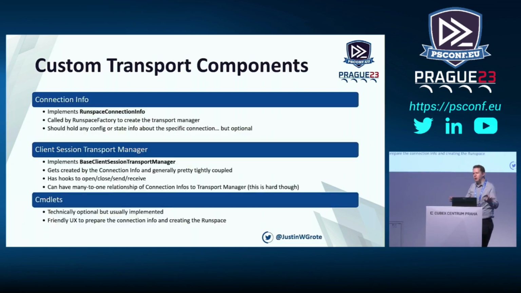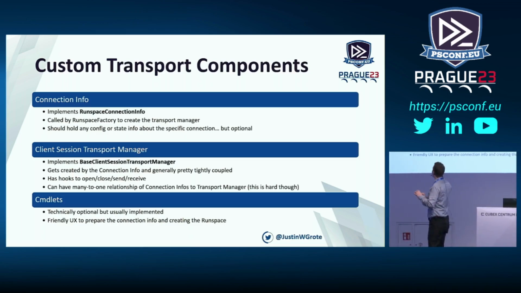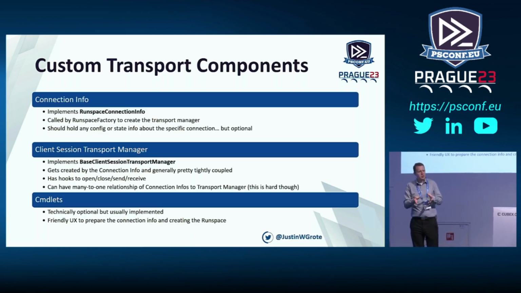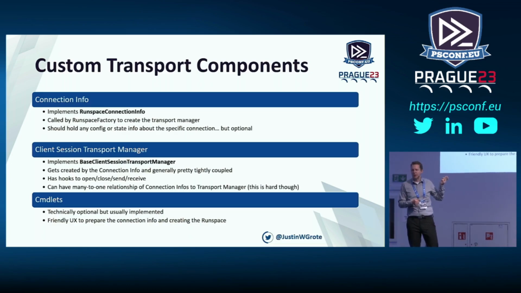All right, so when you are implementing this, there are three main components you're going to see when we go into this. The first thing is the connection info. This is a C# class that defines what the runspace is going to look like. Again, most of what this is, is up to you to define how you want to do it. If how you connect is a DNS hostname, you'll probably want to have a property in here for that. If how you connect is the name of a pipe, you want to have a property for that.